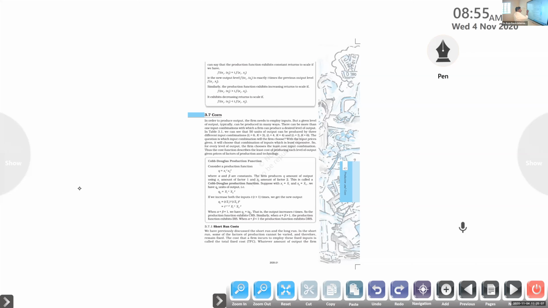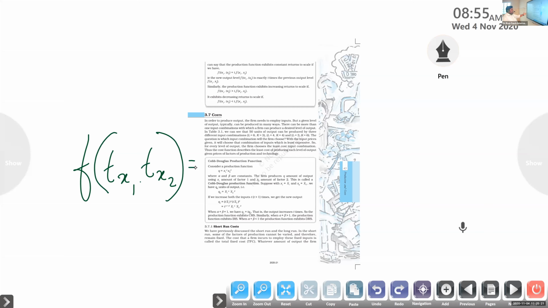Listen here. F of tx1 and tx2, we changed the proportion, is equal to t times the function of x1 and x2. Clear or not? Whatever change we made in the input, the same change we find in the output.